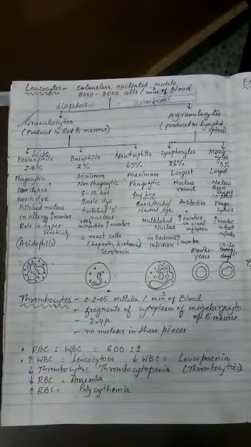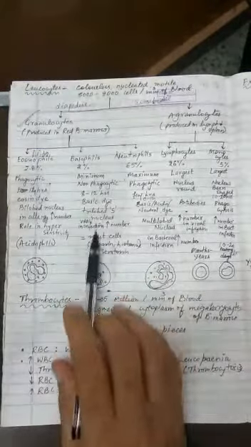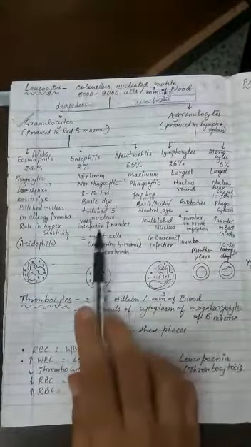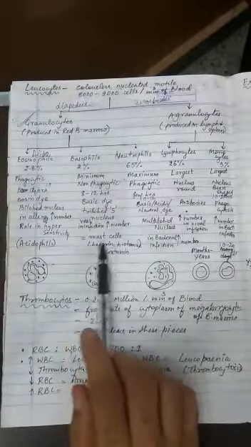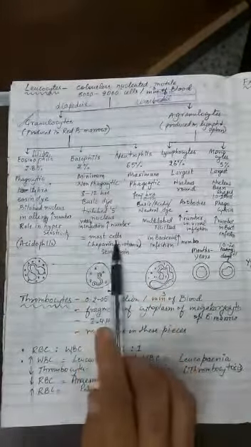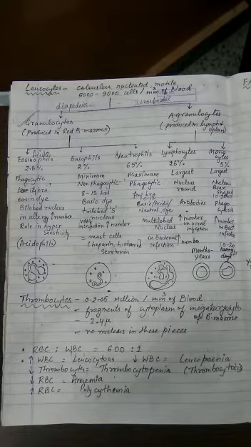You can read the next point, that they have coarse granules inside their cytoplasm, and their lifespan is 8 to 12 hours, and their nucleus is trilobed, or you can say S-shaped, and their number increases during viral infection, and these cells are equal to the mast cells. Now mast cells we have already covered in the previous topic of connective tissue, if you remember, areolar connective tissue or connective tissue proper.